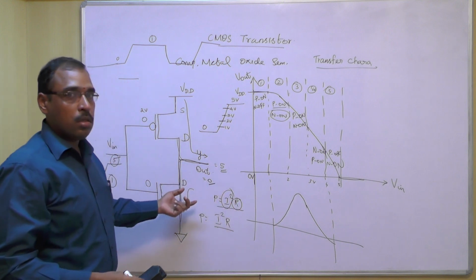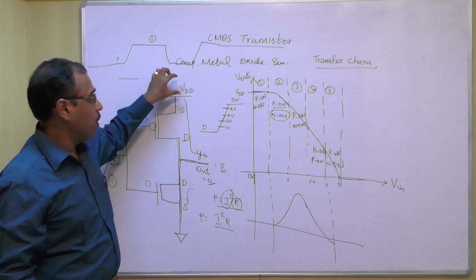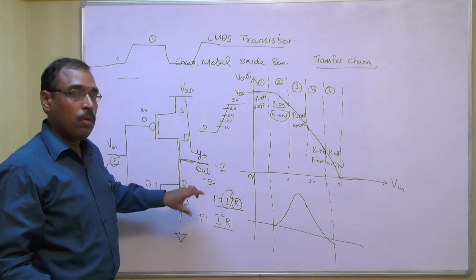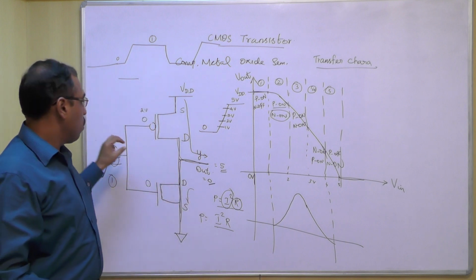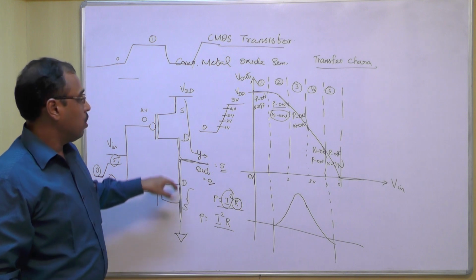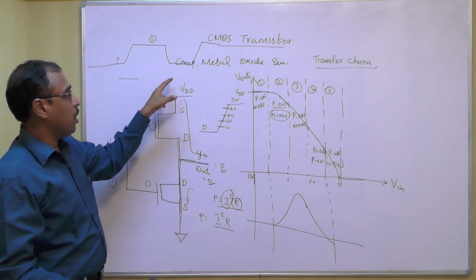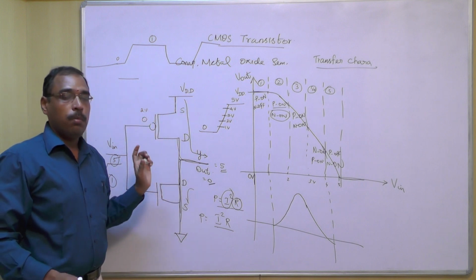So with NMOS, while the input is logic 1, enormous current will flow from VDD to ground. That will cause more power dissipation. Similarly, if it is PMOS, during logic 0 both transistors are on. So during logic 0, enormous current will flow from VDD to ground. At that time also the current will be more.